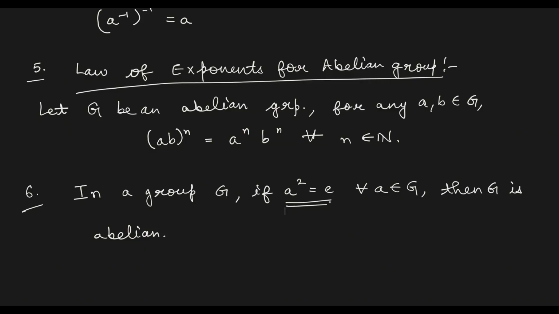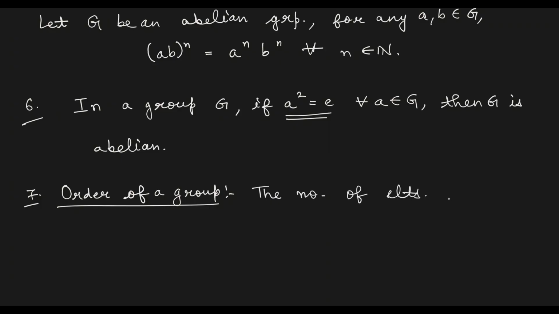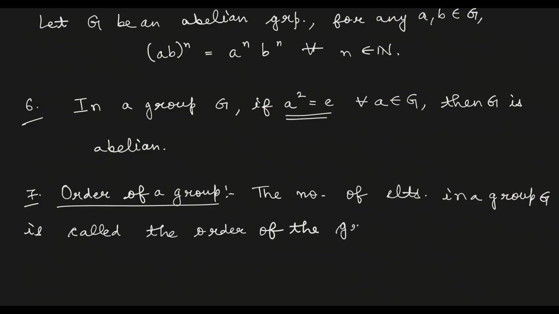Next, order of a group. The number of elements in a group G is called the order of the group, denoted by o(G) or like this.